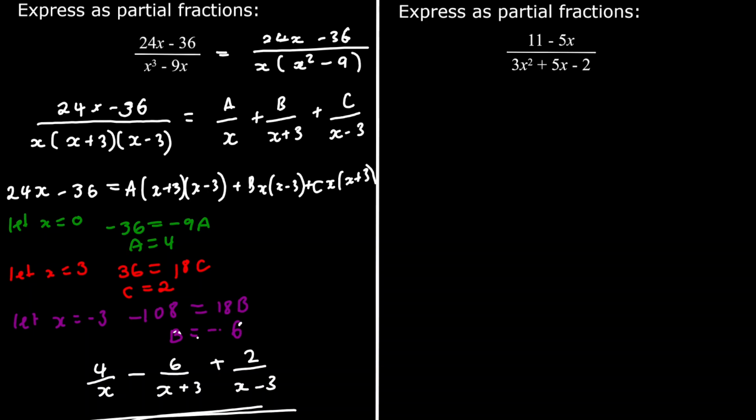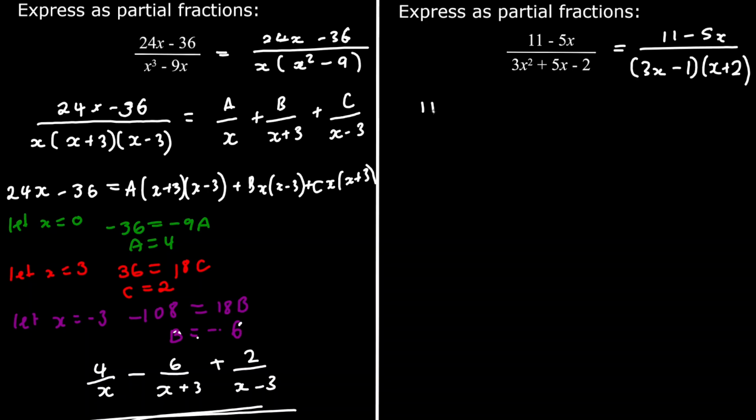So the first thing we've got to do is factorize our denominator. So we've got 11 minus 5x, and it's going to be 3x in one bracket, x in the other. It's going to have to be 2 and 1. And it's negative, so we want plus 6x, take away 1x.